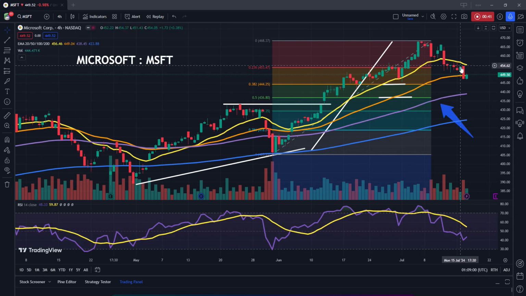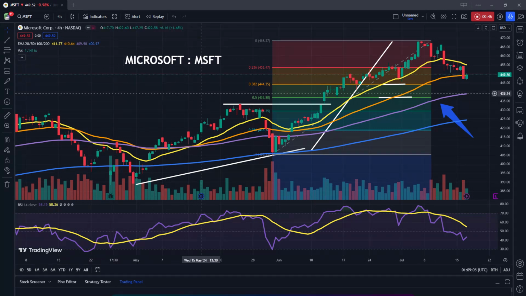So, we're starting to see some kind of a rollover here. And this stock is important for people that are not only trading Microsoft itself, but if you're looking to trade the S&P 500 more broadly, or even the NASDAQ, this is a very good indicator of where the rest of the market is likely to start trading.